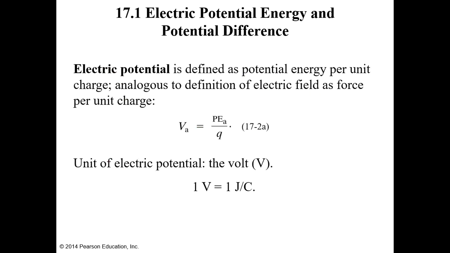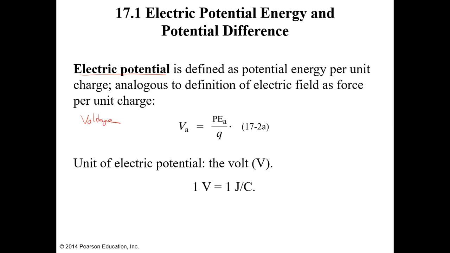But if we take that potential energy and we divide out the charge, then there is a measure where we don't need to know what the charge is in the middle. It's irrelevant. And so this is the definition of electric potential. The potential energy per unit charge, also known as voltage.